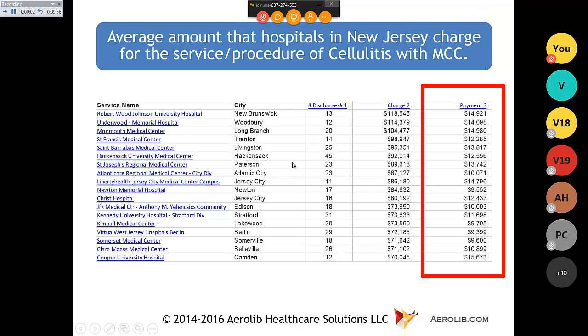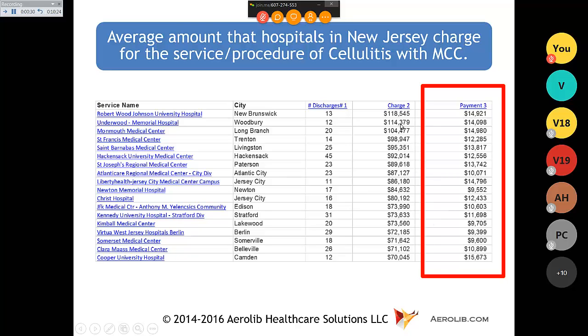So why we are concerned about cellulitis is that it is an expensive disease. This is the average amount that hospitals in New Jersey charge for the diagnosis of cellulitis with MCCs. This is public data from a CMS website. They have listed the name of the hospital, the city, the number of discharges, what they charge, and what was paid. And this is Medicare only.